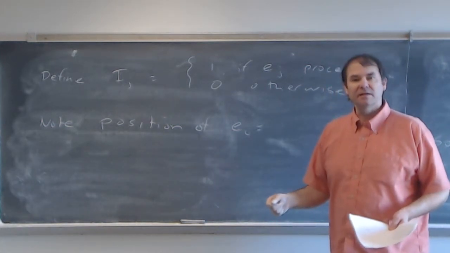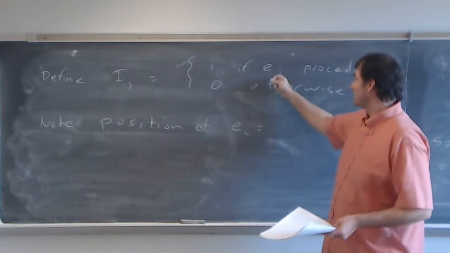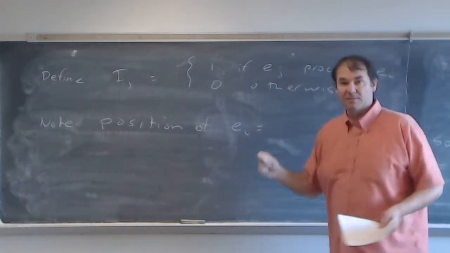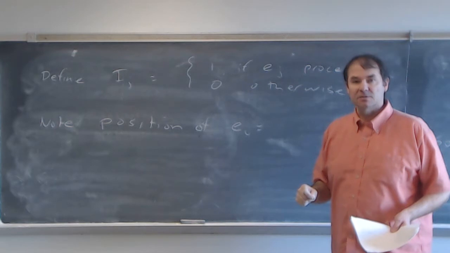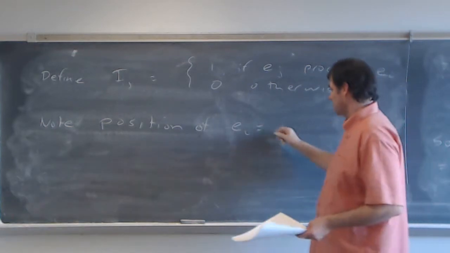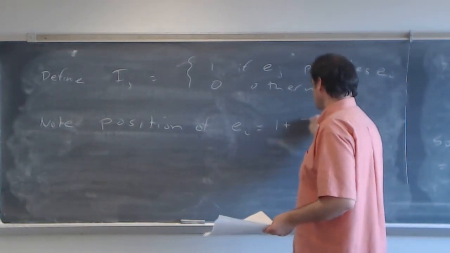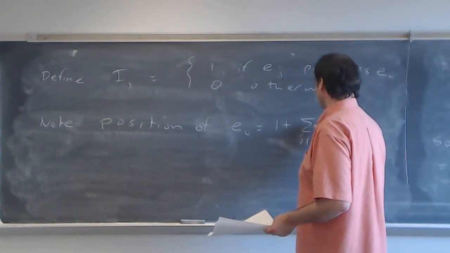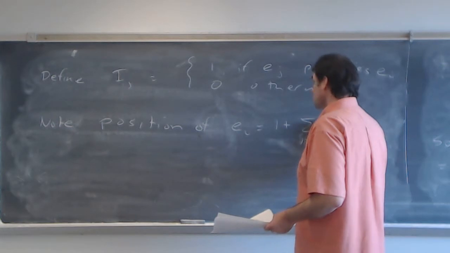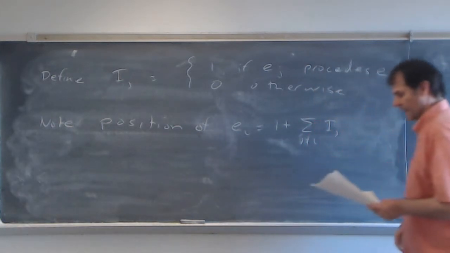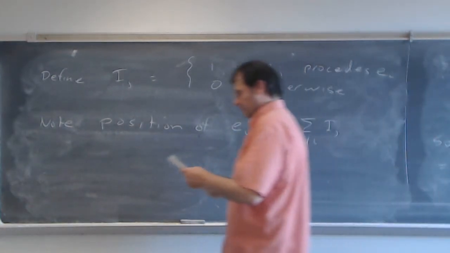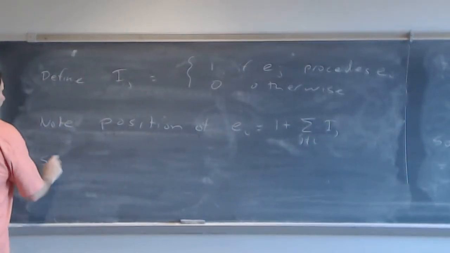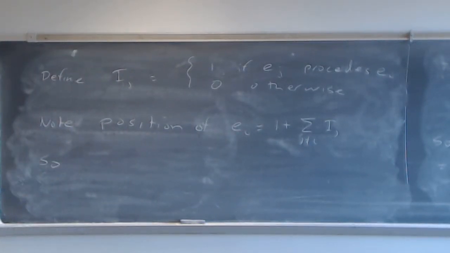Then that means there were 5 elements in front of E_i, the one we're interested in, and so E_i would be in the 6th position. So the position of E_i in general is 1 plus the sum over all j different than i of I_j. That's what the position of E_i is.